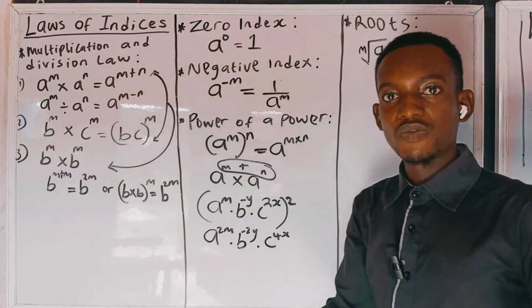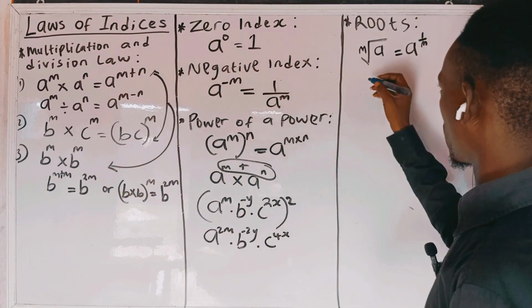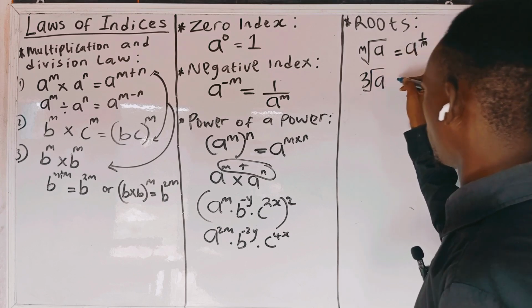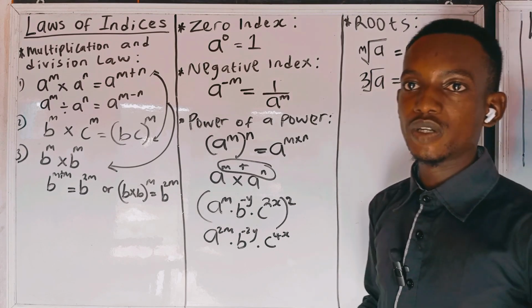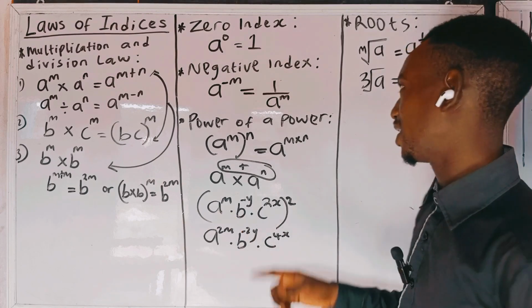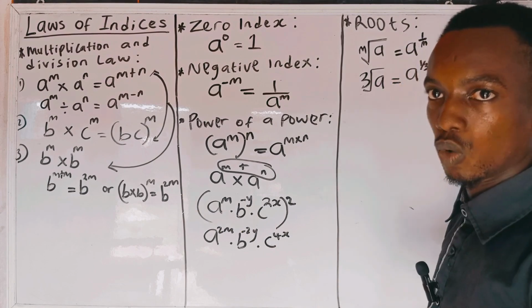If you have the cube root of a, that would be a to the power of 1 over 3. So roots can be converted to fractional powers. The reason we have 1 here is because the power of a is 1.